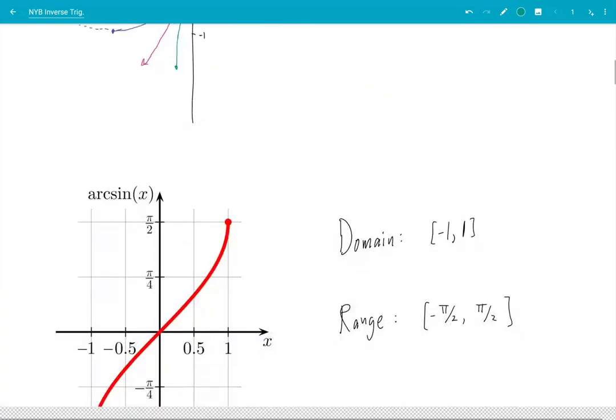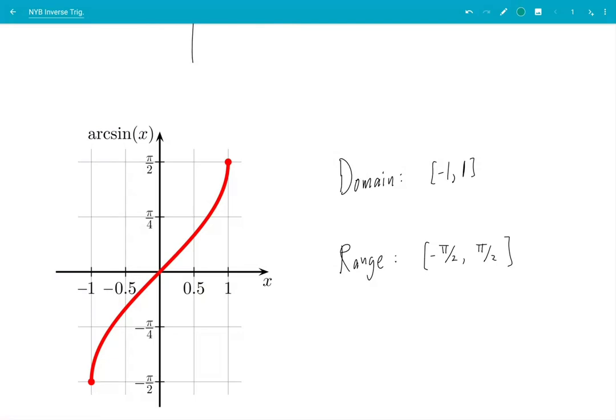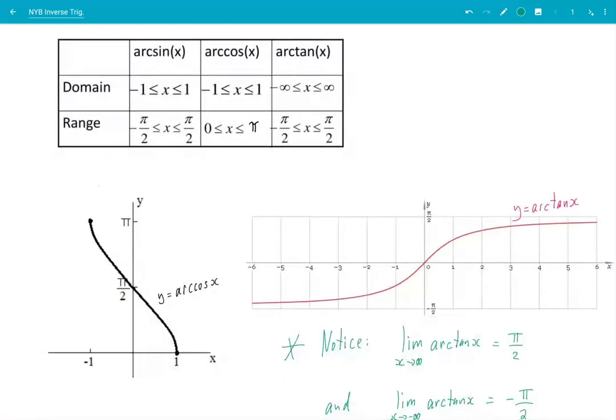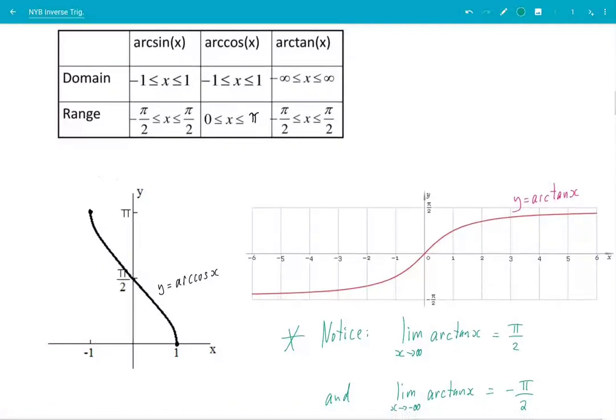So here's a better picture of arc sine. It has a domain and a range. Pause and copy if you haven't done so already. You can draw pictures of arc cos and arc tan as well, and I summarize here.